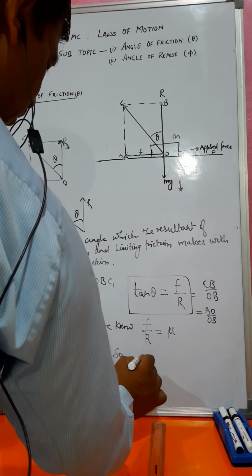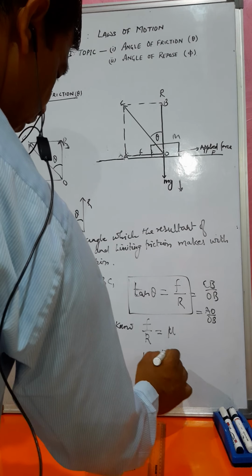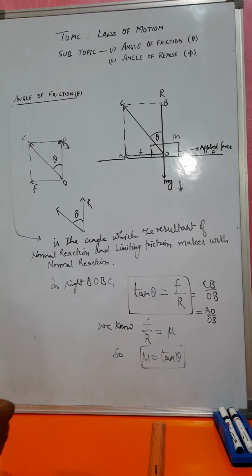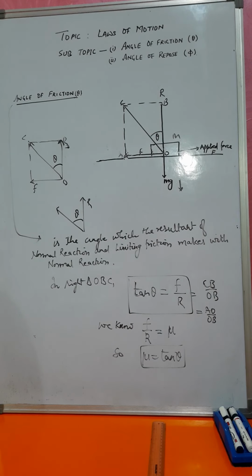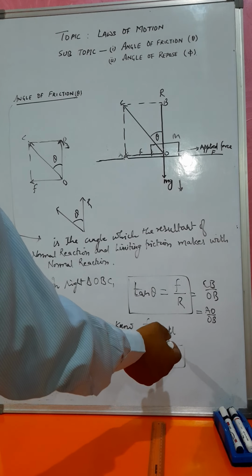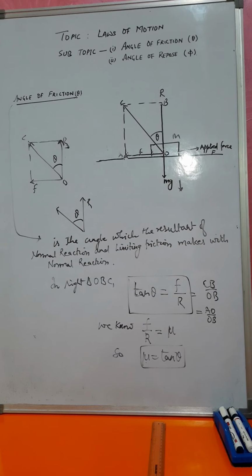So mu is equal to tan theta, that means coefficient of friction is equal to tangent of angle of friction. Hence we can define coefficient of static friction: it is equal to tangent of the angle of friction. So this is about the angle of friction.